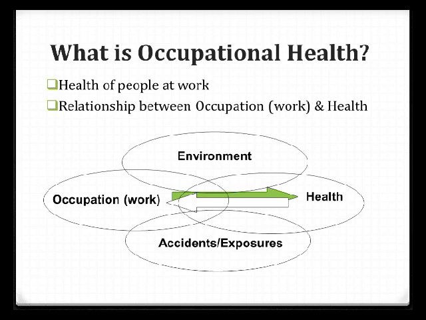So I just have a graphic below that helps us really target some of that thinking around what's happening in the environment, what's happening with health, both at an individual level and at a population level, what's happening in an environment with respect to accidents and exposures, and what types of work are we talking about.